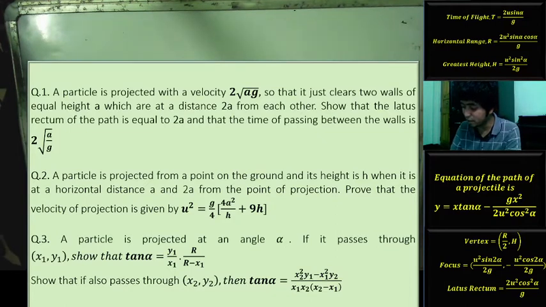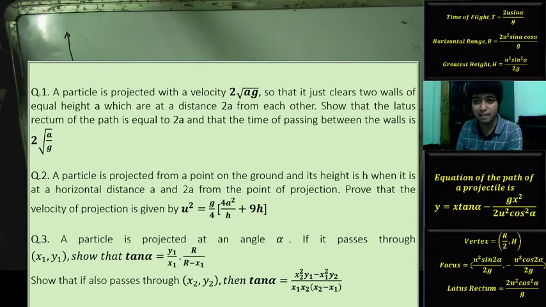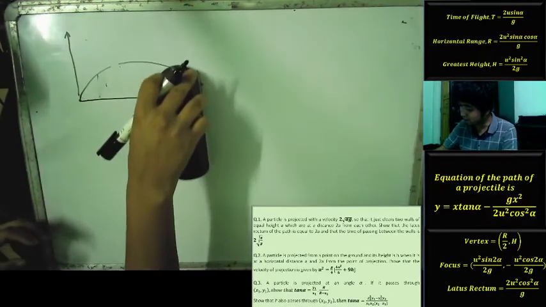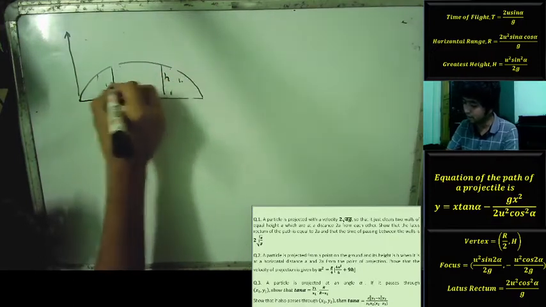Over here in exercise number 2, it is given that you are throwing a projectile. The height of the two walls is h. Again it's similar, but what is given over here is that the walls are situated at horizontal distances a and 2a. The walls are of equal height, both of them have the same height h.